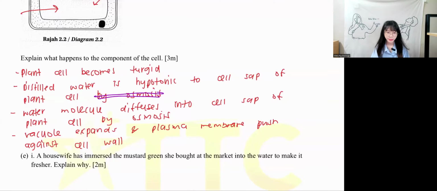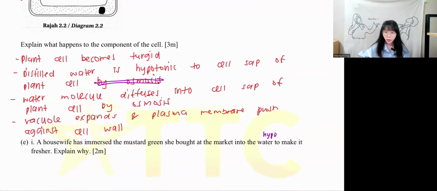Okay, in E1, a housewife has immersed the mustard green that she bought from the market into water to make it fresher. Explain why. Is the water hypertonic or hypotonic? Water, of course, is hypotonic. So the answer is the same, guys. It's the same answer, 2 marks, 2 sentences.